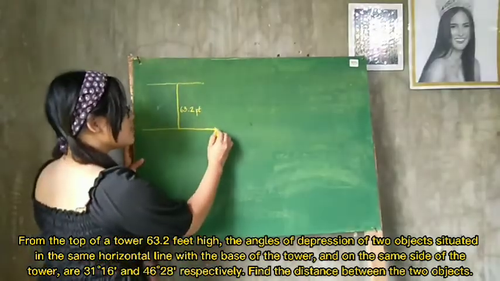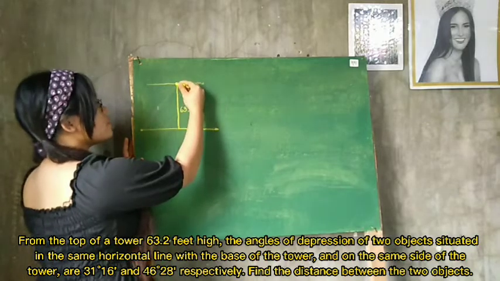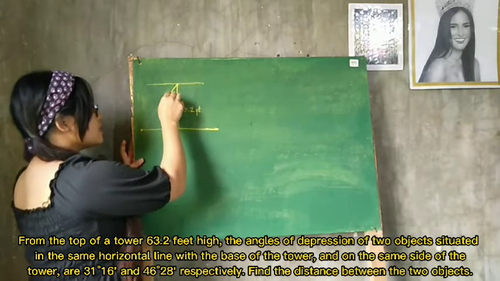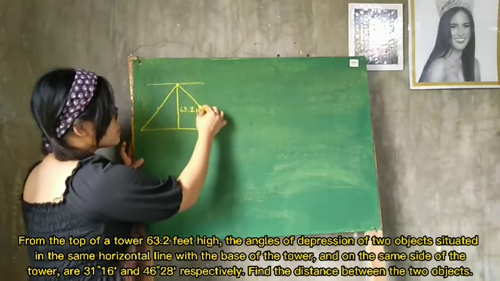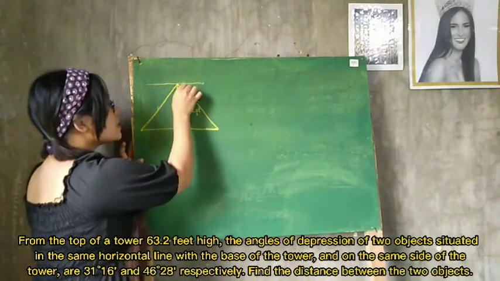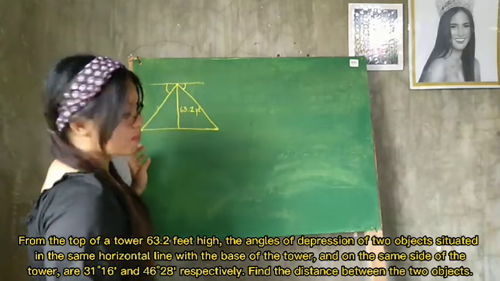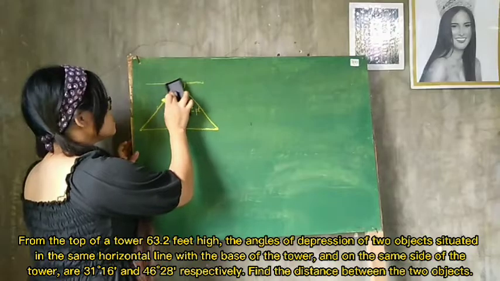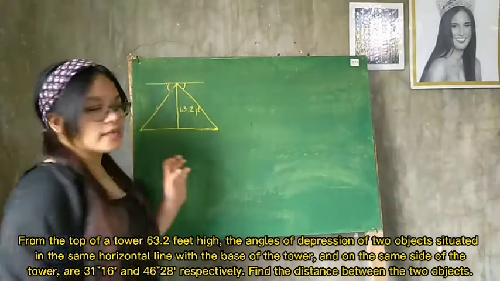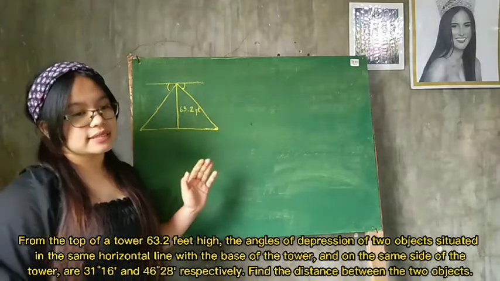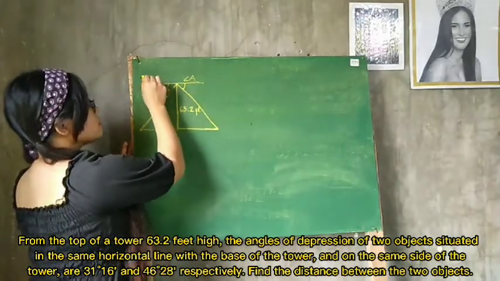So let's say these are the objects, and if you are at the top of the tower, here is the angle. This is too big. So let's label these as the angle A and the angle B.